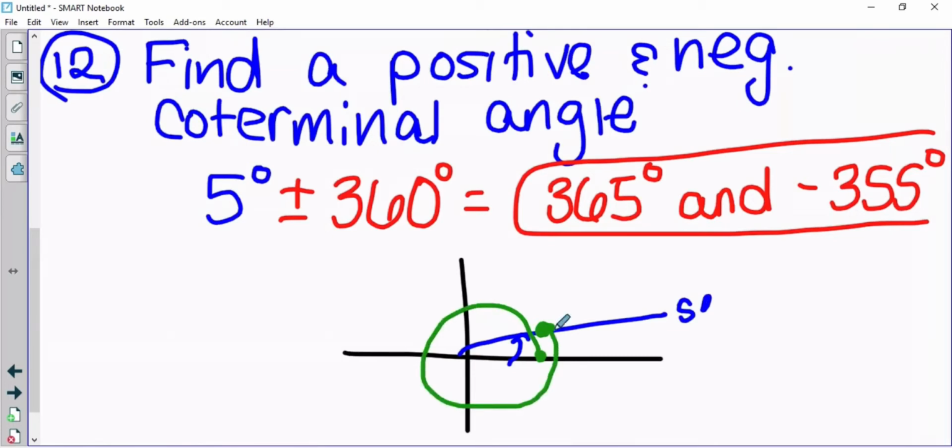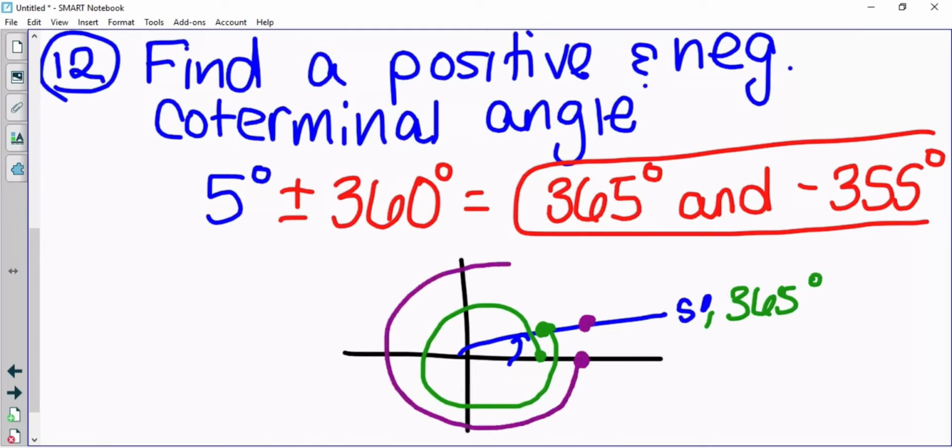That would be 365 degrees. And if I did it in the negative direction, so if I started here and stopped here, that would be my negative 355. Notice they start and stop in the same exact direction.